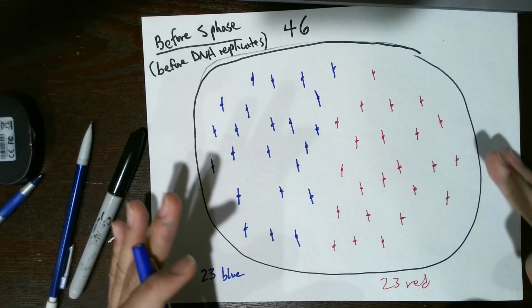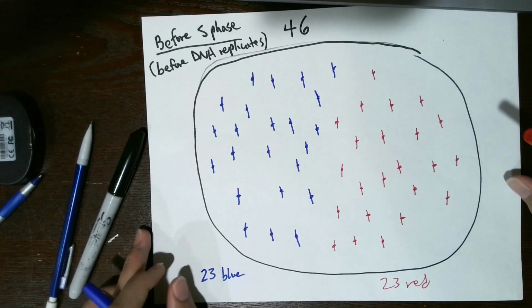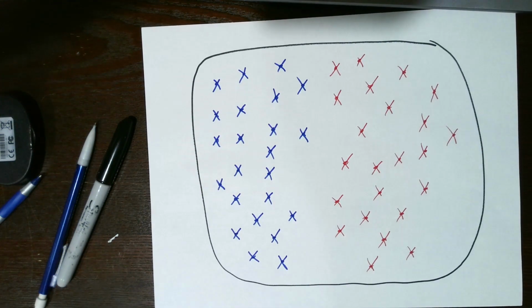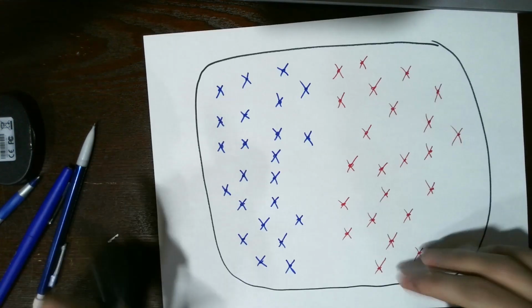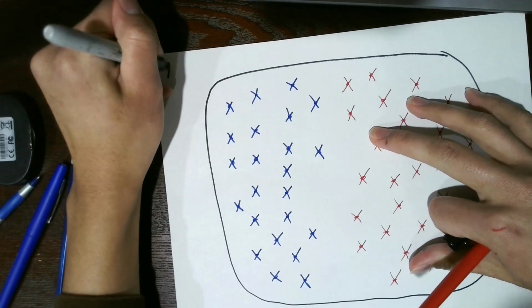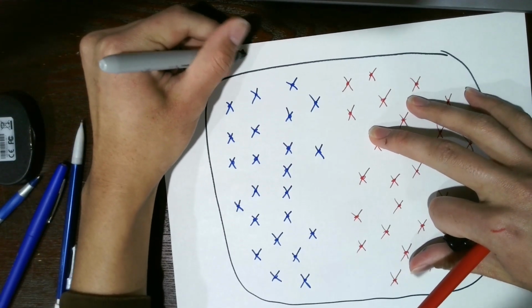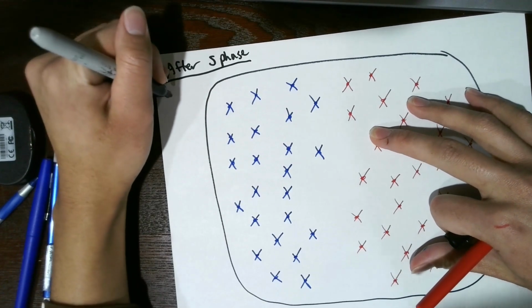So this is what it looks like before we replicate, before the S phase. Then we go through the S phase, and now it looks like this. This is after the S phase, after the DNA replicated.